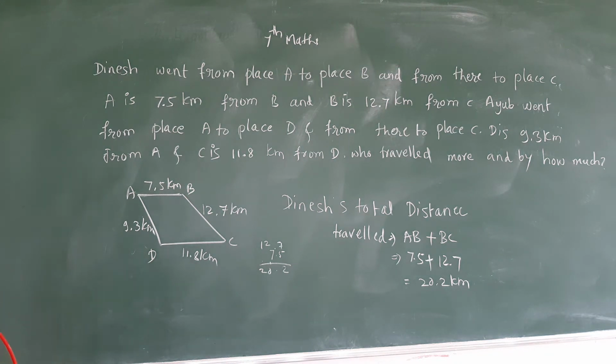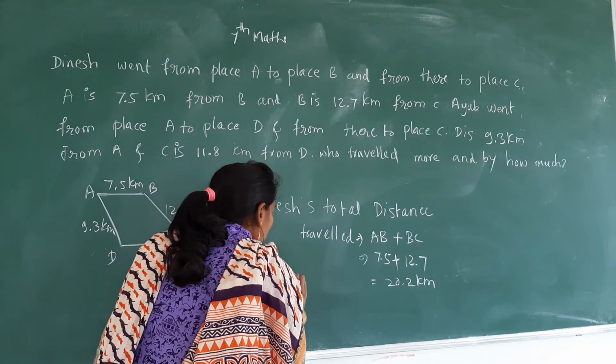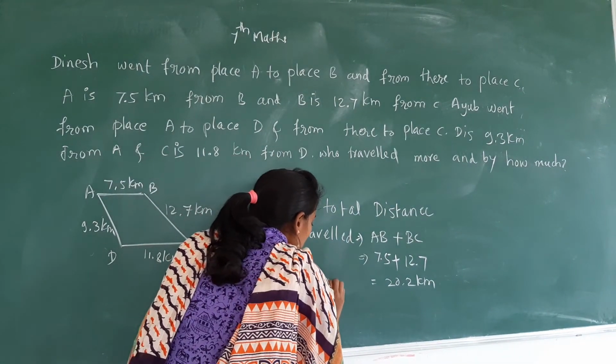And now we will find Ayub's total distance. What he did, he traveled A to D first, in the reverse way. Means he traveled from A to D and then D to C. We know the A to D distance and the D to C distance.